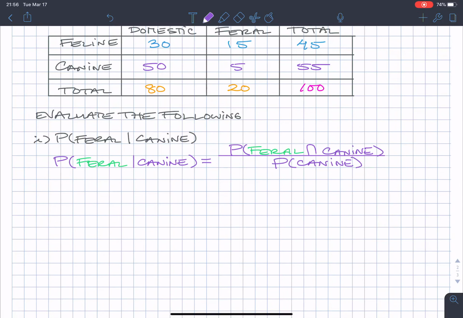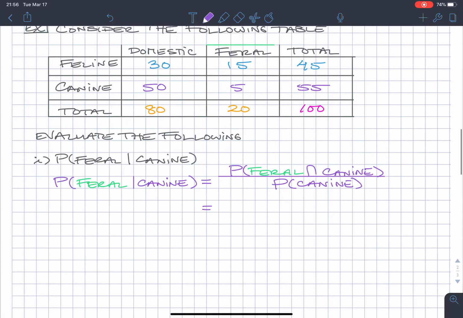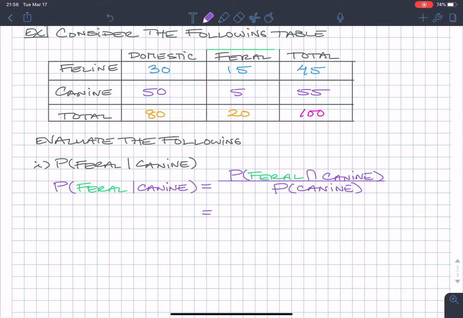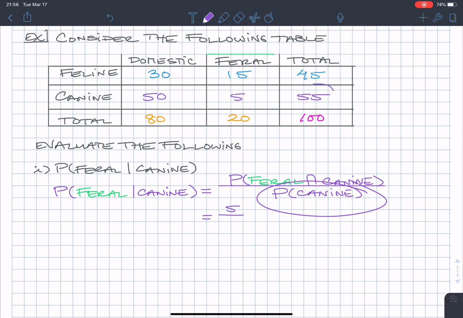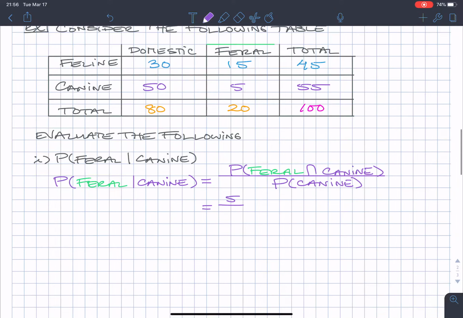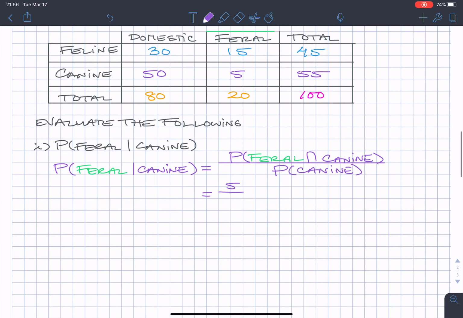Okay, so let's look at the chart. What is the probability of being a feral canine? The intersection of both? Well, it's 5. Divided by the probability of being canine? Well, there's 55 canines in total, right? So I claim that it's 5 in 55.